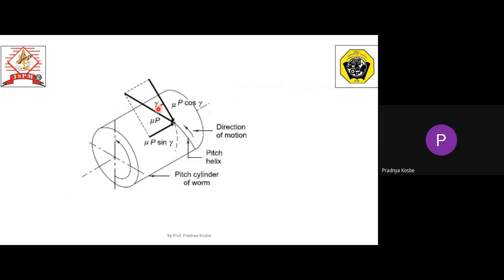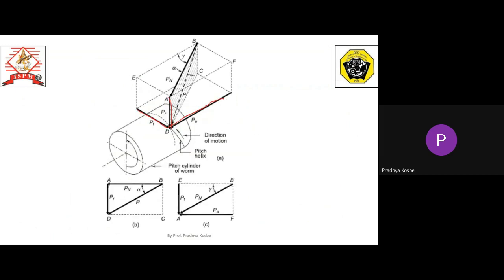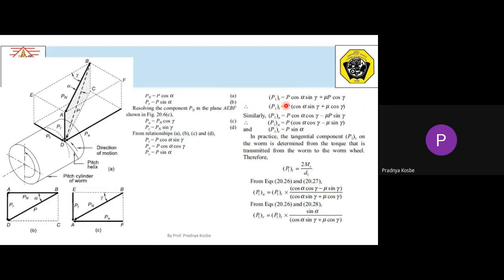So this mu P cos gamma is tangential and in the same direction as the tangential component, and mu P sin gamma is opposite to the direction of the axial component. Okay, so considering this, I can write P1t is equal to P cos alpha sin gamma plus mu cos gamma.